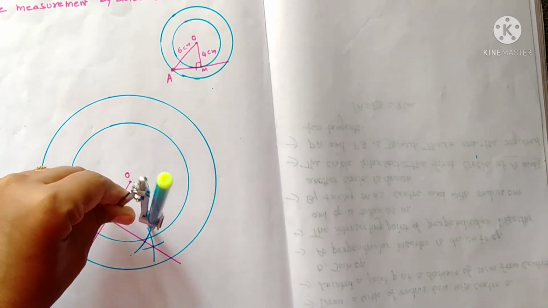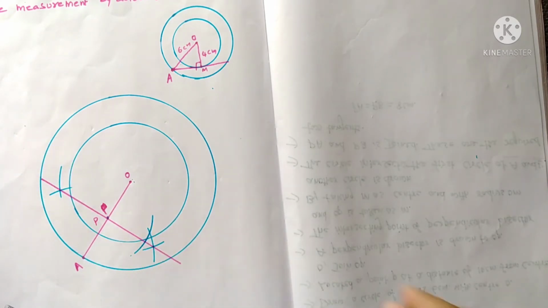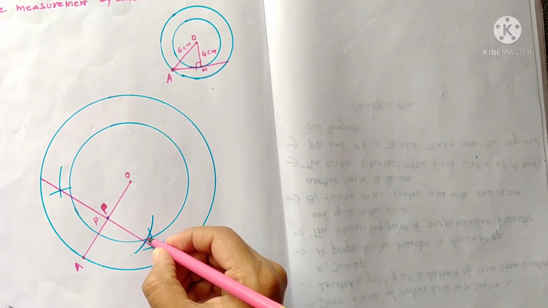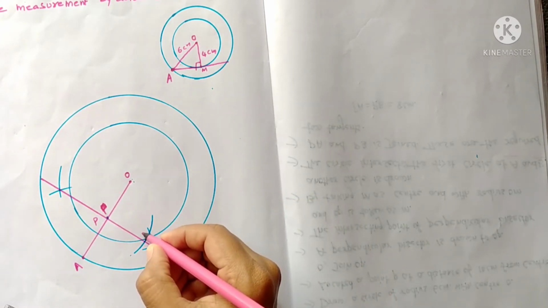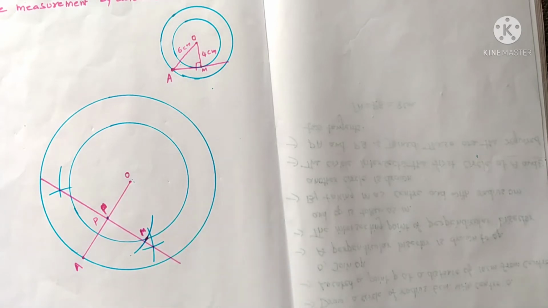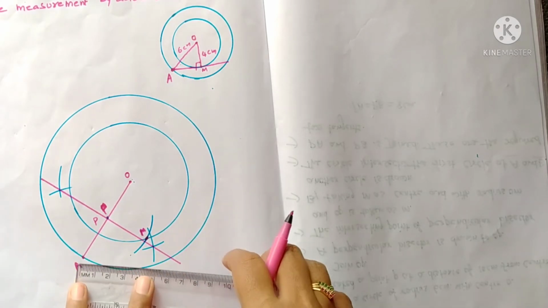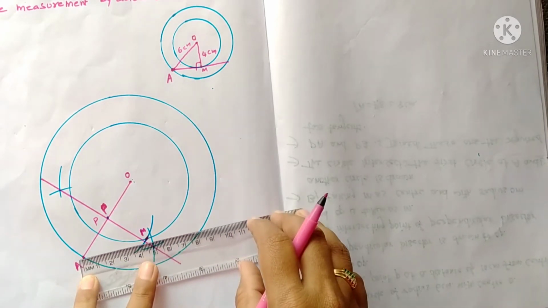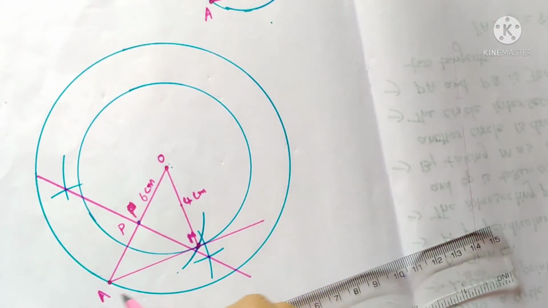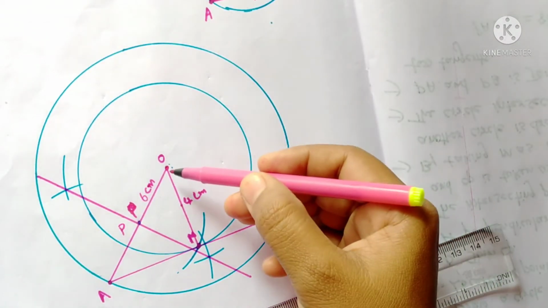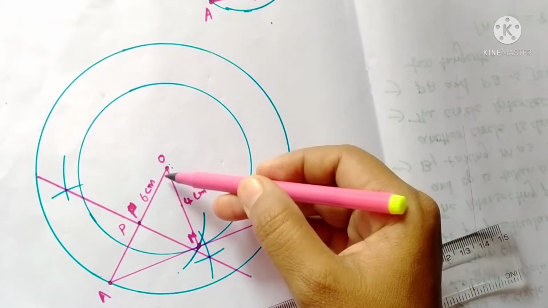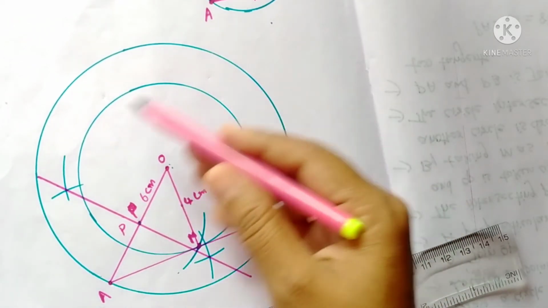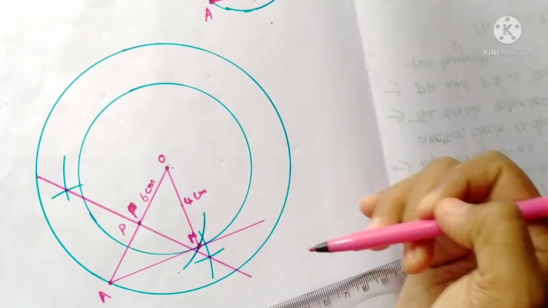We want to draw the tangent to this circle only. The arc intersects at one particular point. Let it be M. Now just join AM. So AM is joined. This OM is nothing but the radius of this circle, 4 centimeters, and this OA is the radius of the big circle, that is 6 centimeters.